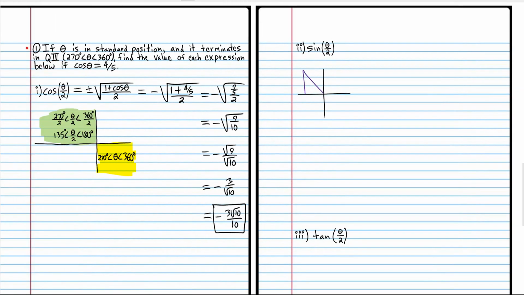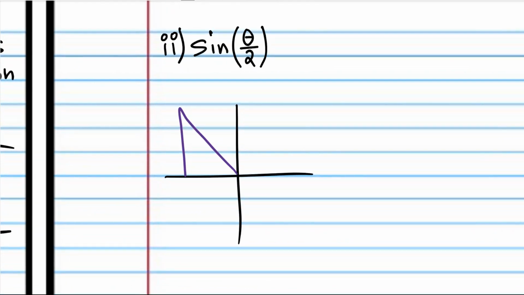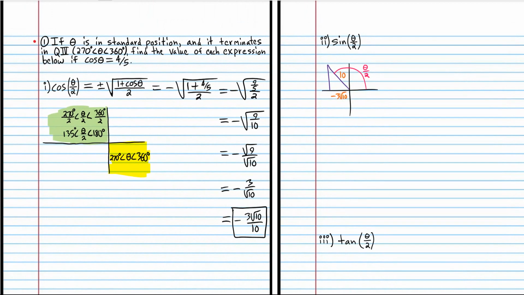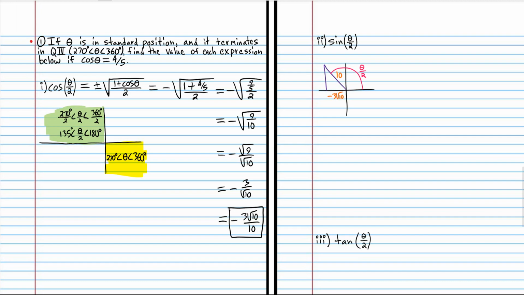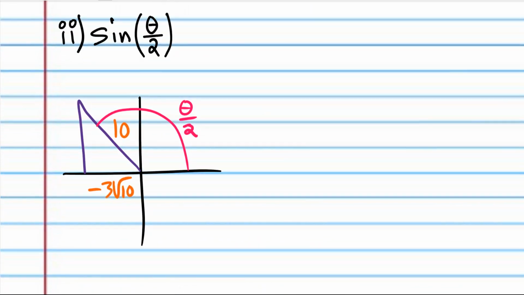We know that cosine theta over 2 is negative 3 root 10 over 10. And by the way, this is theta over 2. And so now we can use the Pythagorean theorem to find the missing side.